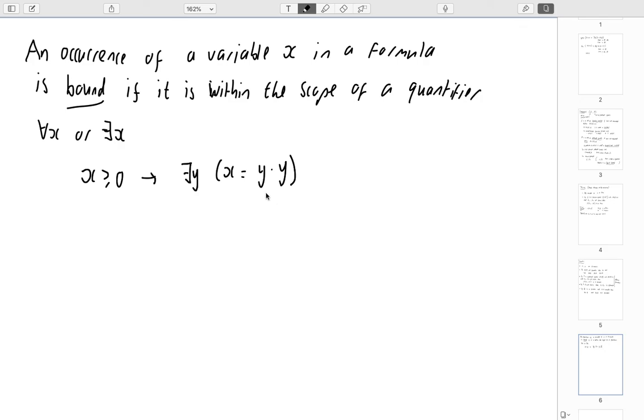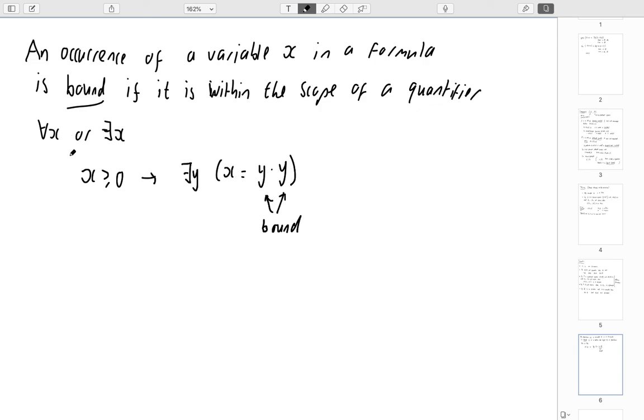And here we see that these occurrences of y are bound because these y's appear within the scope of an existential quantifier that's quantifying over y. If they were universally quantified over, they would also be bound.